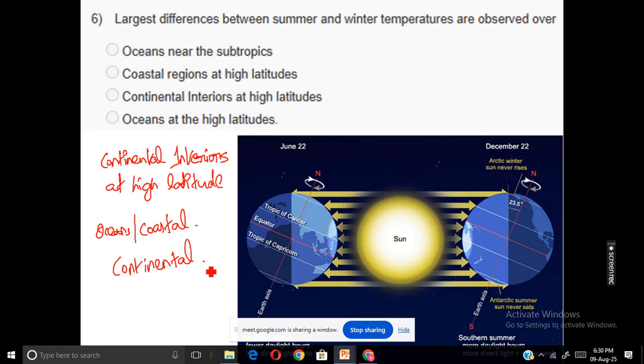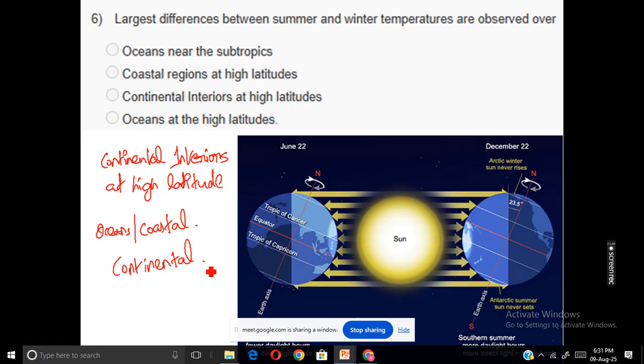And compared to the interior regions, the coastal regions, or the regions near the ocean, will have less variability because their temperature is highly moderated by the presence of the ocean, so we mostly receive a moderate climate in the coastal regions compared to the interior regions. The interior region will experience very intense winters and summers compared to the coastal regions. So among oceans, coastal and continental interior regions, the continental interior will have the largest variability.